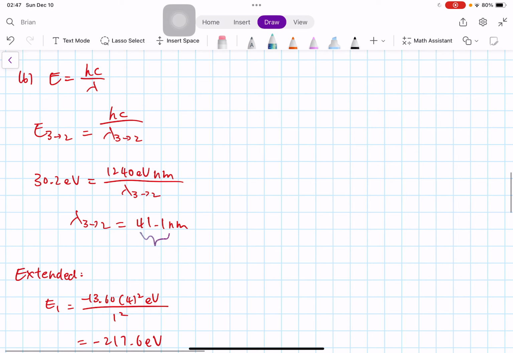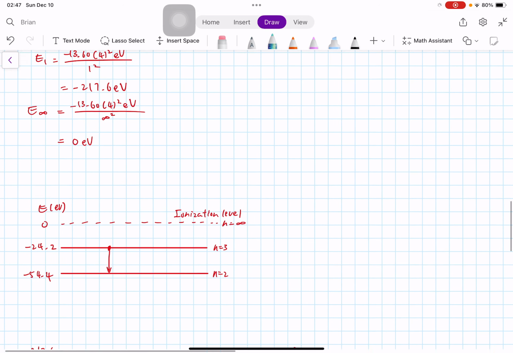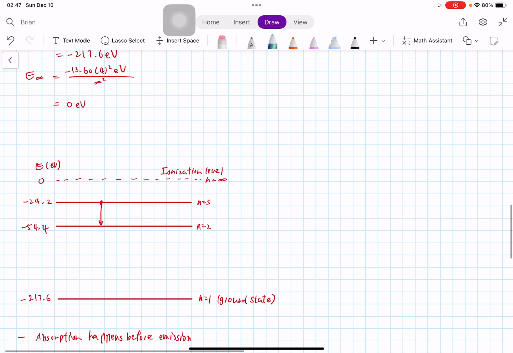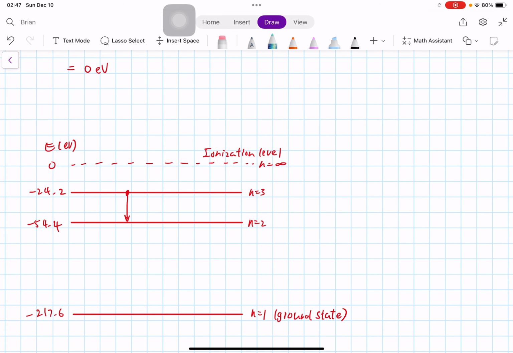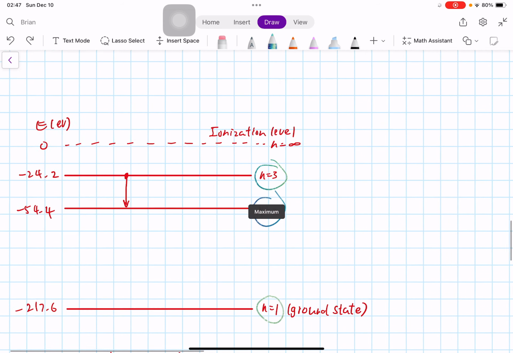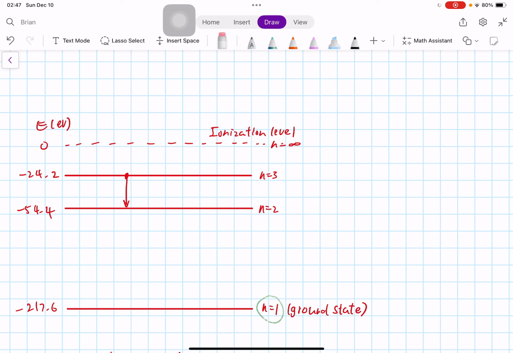But I want to do a little bit of extension here. As I draw the energy diagram of beryllium 3+, here I have E1, E2, E3, E4, E5, and all the way to E equals infinity. When n equals infinity, that means the electron of the beryllium 3+ is ionized, so it would be beryllium 4+.